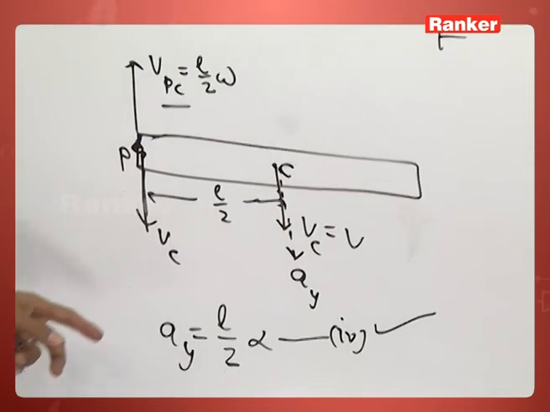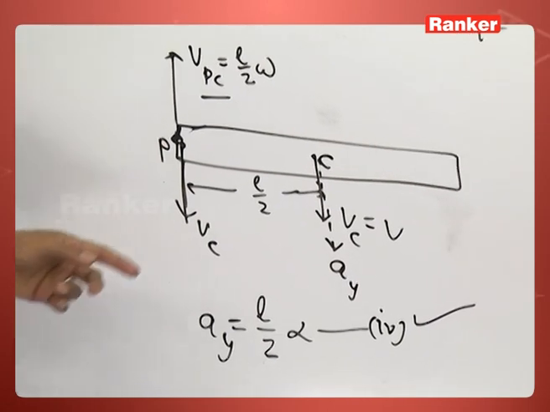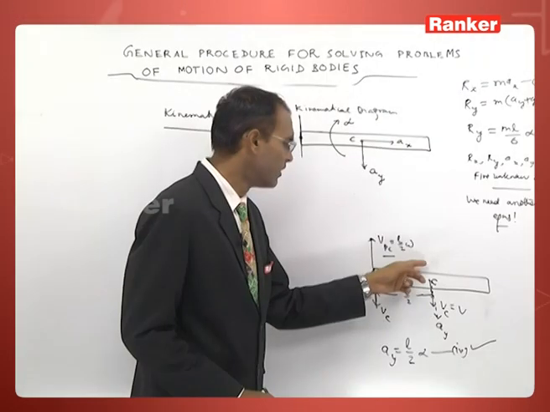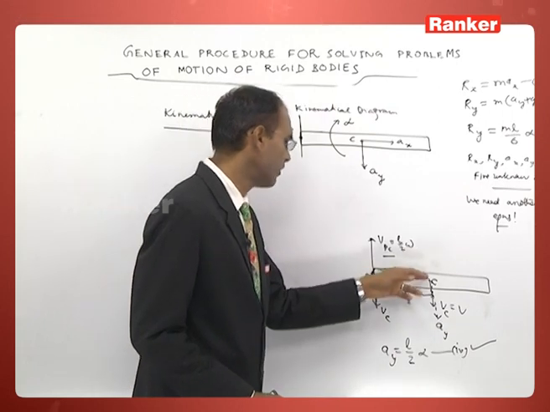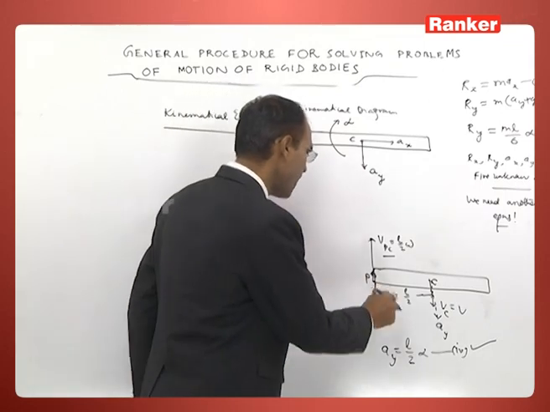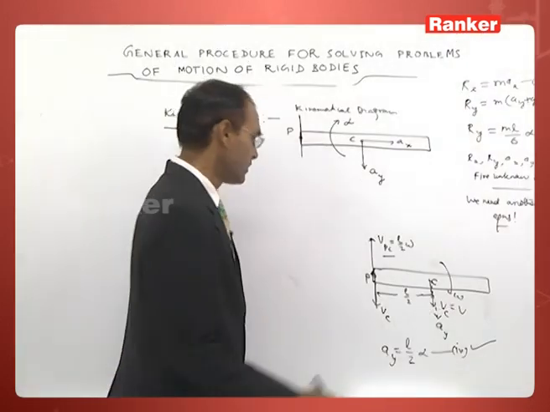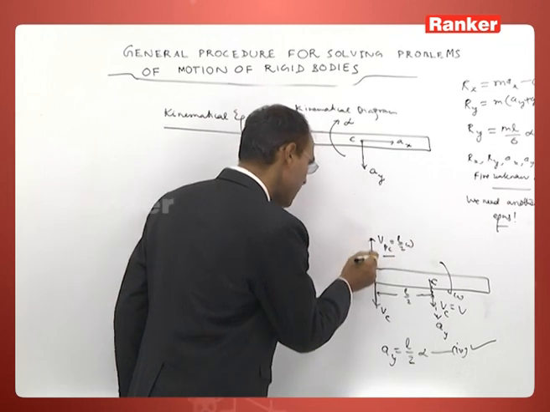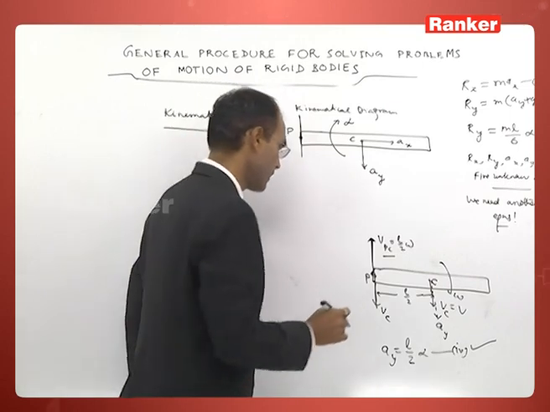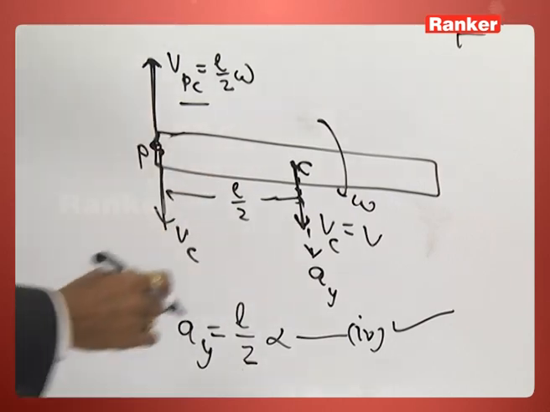Here the rod is moving. Let us assume that the center of mass of the rod moves with the velocity v down, and the angular velocity of the rod be omega. So this point velocity with respect to the center of mass, that is VPC, will be equal to L by 2 omega in this direction, and the center of mass of the rod will move down, that is VC is down.